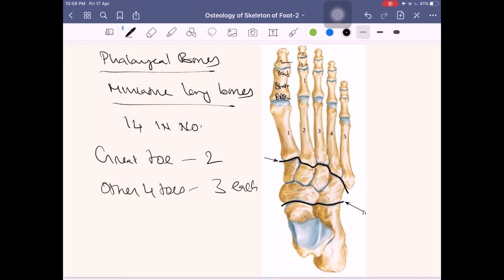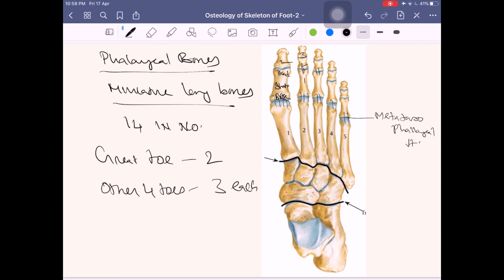Same thing is true with every phalanx. Thereby the base of the phalanx will make a joint with the head of the metatarsal bone to form the joint. This joint is what we call the metatarsophalangeal joint, a plain synovial joint.